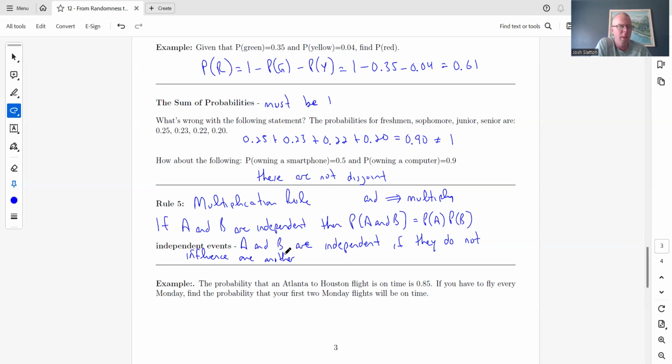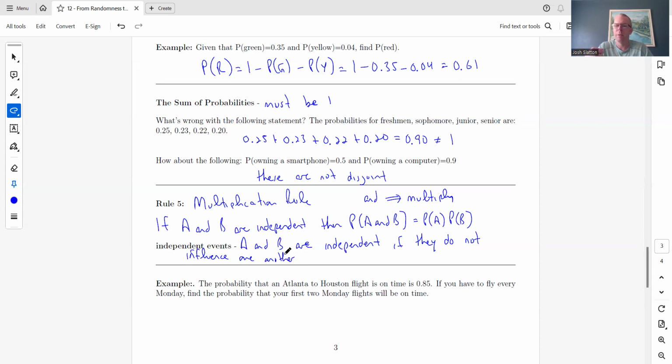Think about flipping a coin. Whatever you get on the first flip does not change the probability of what you get on the second flip. An example where they would not be independent would be if you have a stack of 10 cards, 5 red and 5 black, and you flip over a card, and let's say it's red.